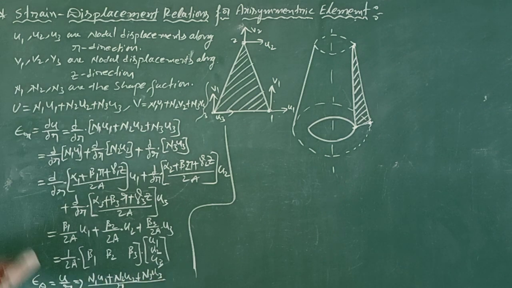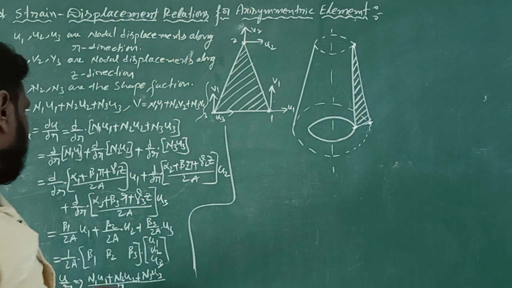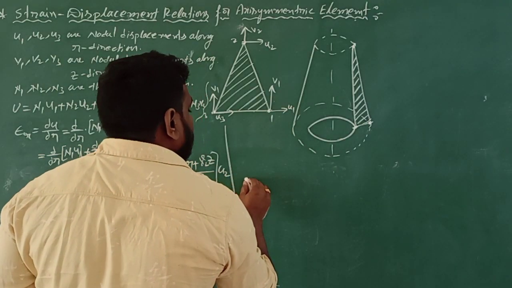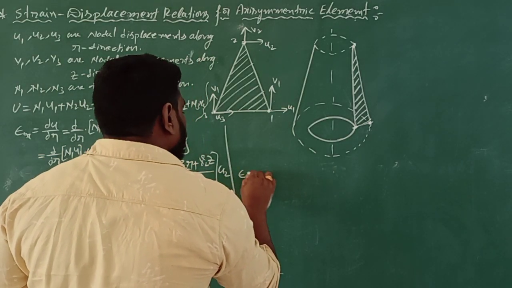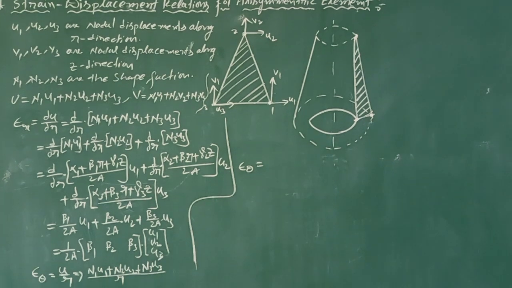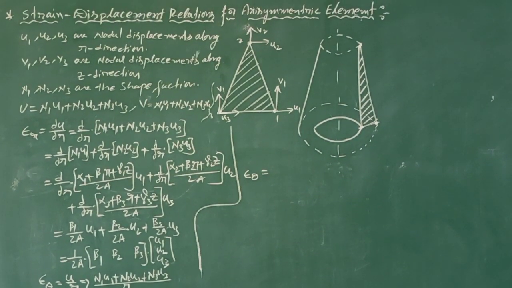After substituting all these values here, we will get the epsilon theta value. Are you aware of this or not? It is just u by r, you know very well.